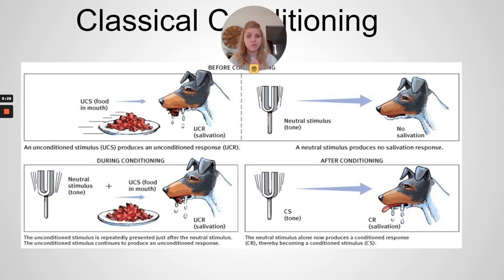What happens is that Pavlov pairs his food with something that was neutral, like the tuning fork in our diagram. So when the dog is presented with the food, there's also a clanging of the tuning fork, which the dog can hear because it's a stimulus.